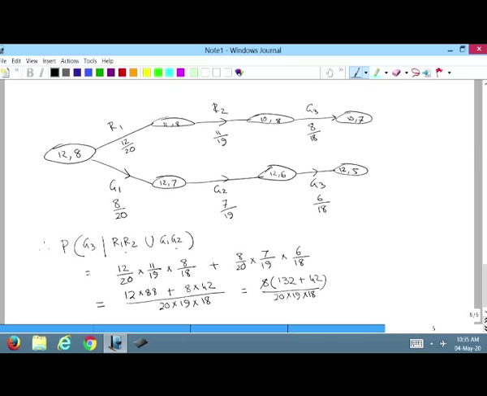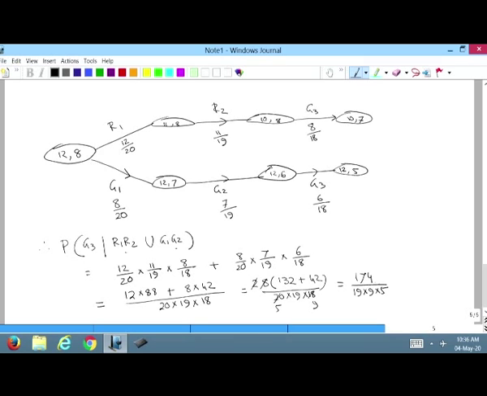We can cancel this by 4, therefore we have 2 and 5, and I cancel this with this, which is 9. Therefore, we have 174 upon 19 into 9 into 5.